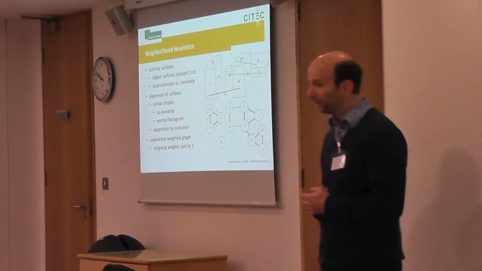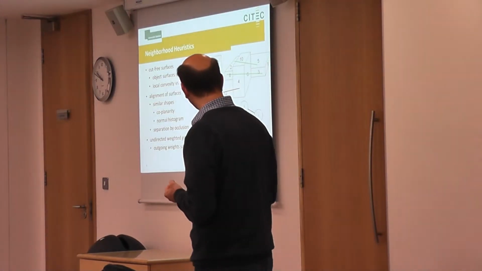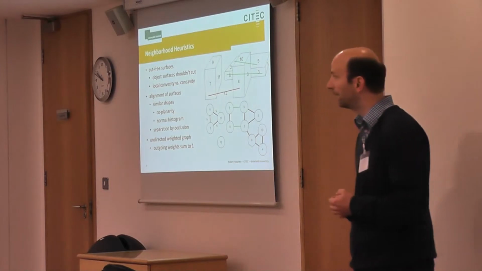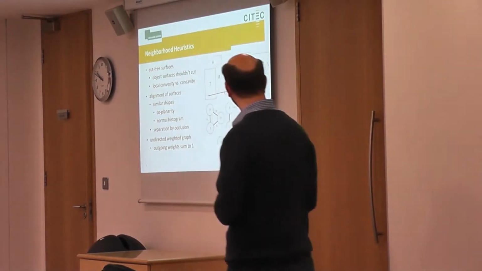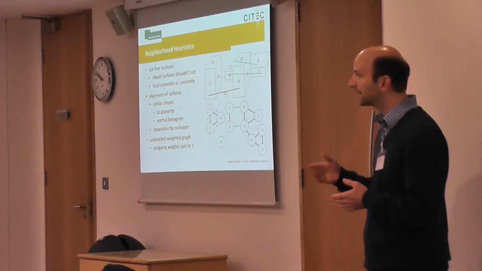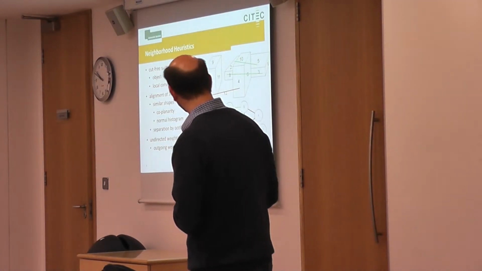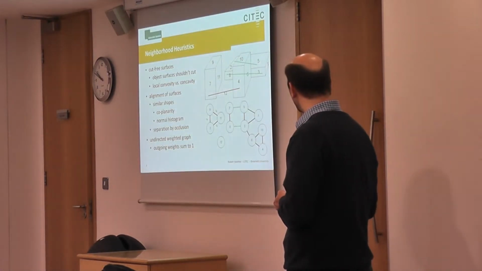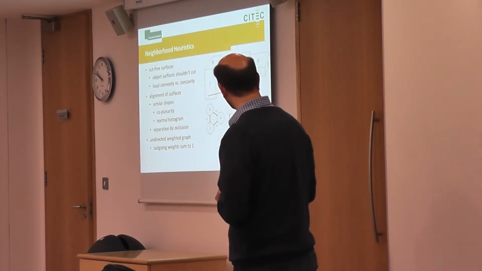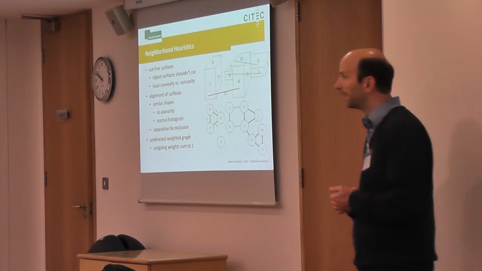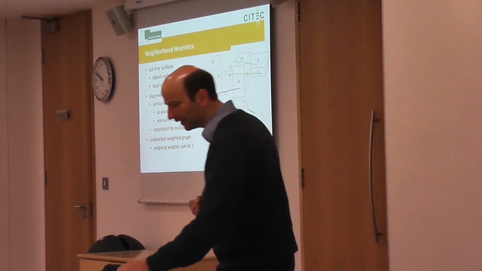Finally, we compute connectivity weights to come up with a weighted graph, which then can be used for graph cuts to compute the cutting costs. Here we simply use uniform weight distributions, assigning weights 1 over n, where n is the number of outgoing edges from each node.